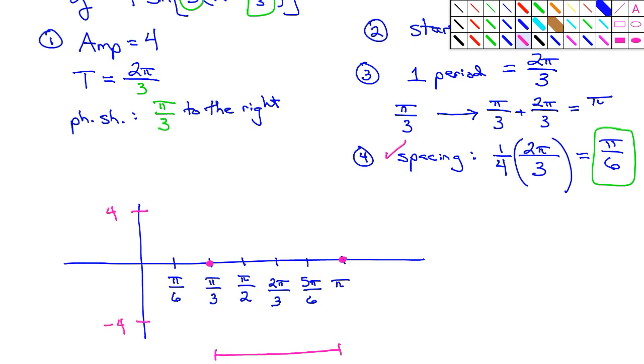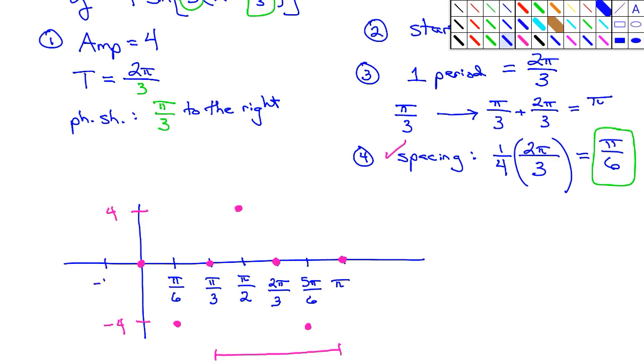And as we go to the right, we're going to go up to the max, back to the median, down to the min, and back to the median. That's one period. We always want 2 periods. So now I'm going to go backwards. We're going to get pi over 6. We're going to get 0 going back another one. I need to make some more tick marks here.